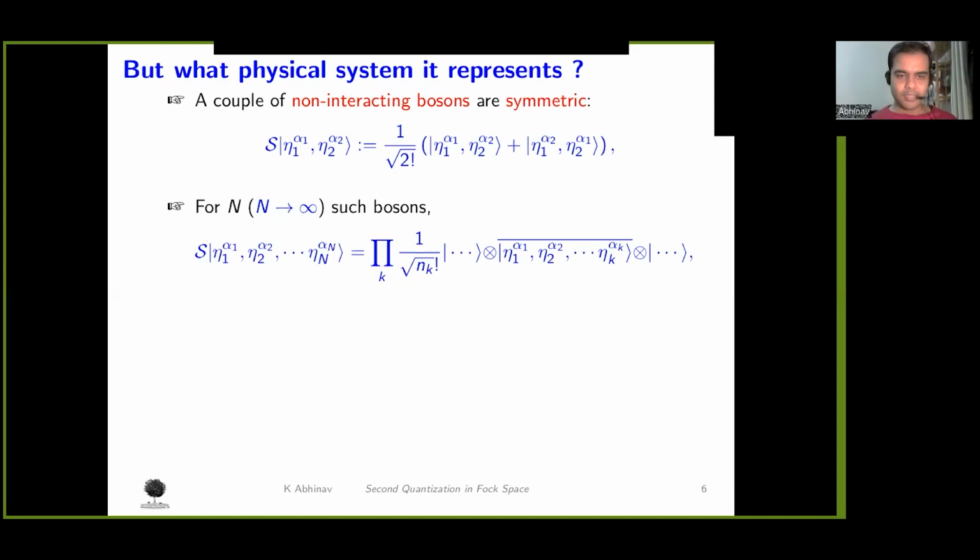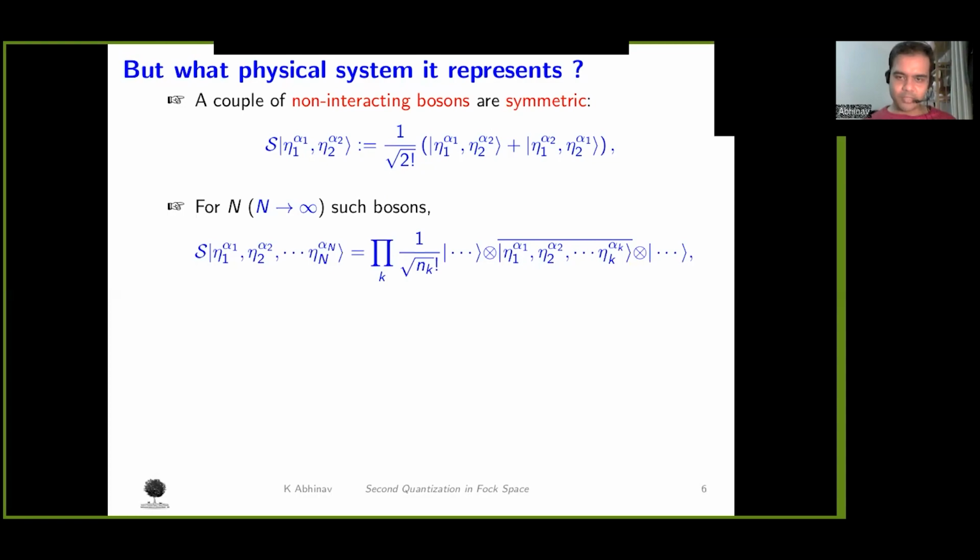The generic symmetrized state looks like what is given on the right hand side. This barred state considers k individual bosons which are symmetrized, and that's why the 1 over root of factorial nk factor is there, to take care of this symmetrization.